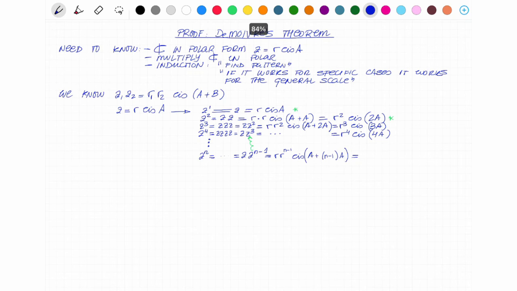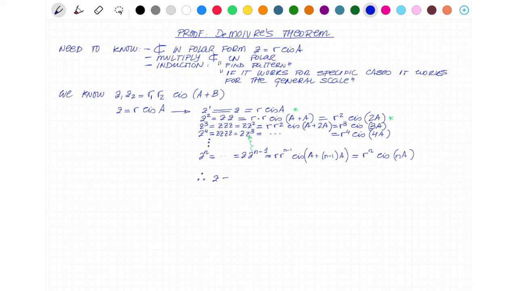And this I can simplify. That would give me r to the power of n, cis of n times a. So I can come here and get my theorem.